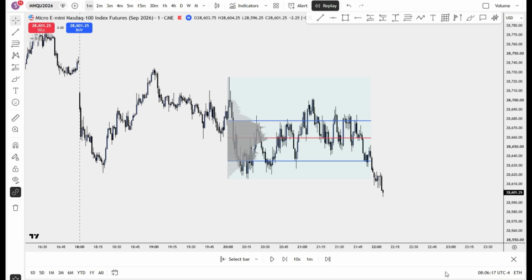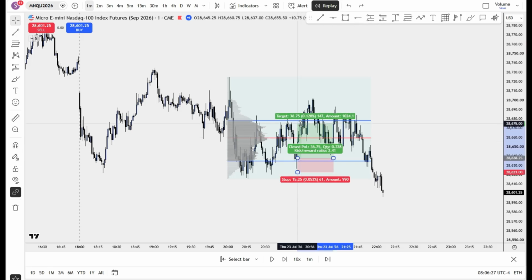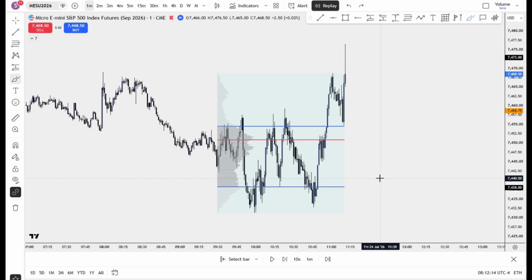The first setup is a value area rejection. Price moves below the value area low and immediately rejects back inside. You can buy, targeting the POC or the value area high. This works because the market attempted lower prices and rejected them. That often traps sellers. The next setup is a value area breakout.